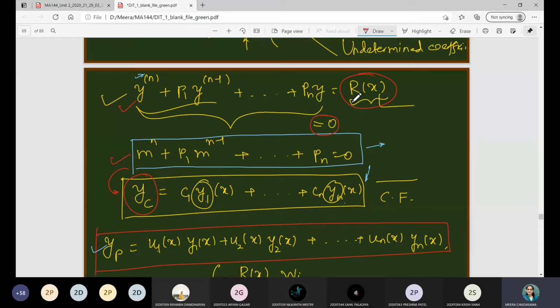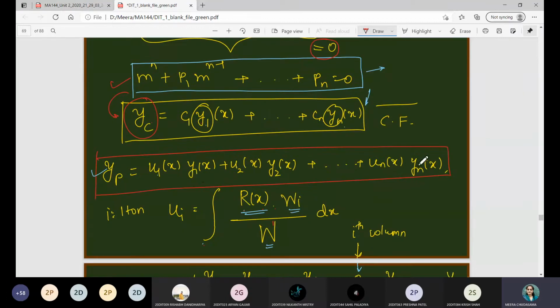Then, if it is non-homogeneous, the particular integral is given by u1 y1 plus u2 y2 up to plus un yn, where the ui's are given by the integral of Wi upon W into the right hand side function r of x dx.